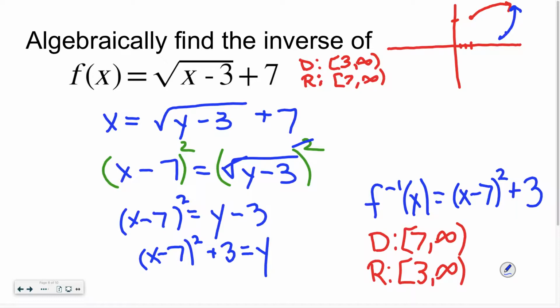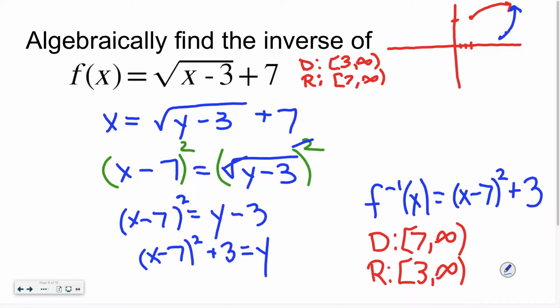A square root is really only like half of a parabola. So when we reflect it about y equals x, when we find the inverse, we only have half of the parabola. A parabola doesn't pass the horizontal line test, but half of a parabola does, so it's safe.